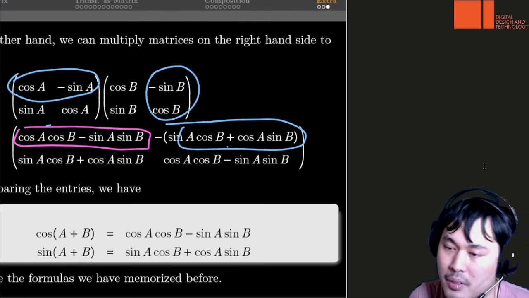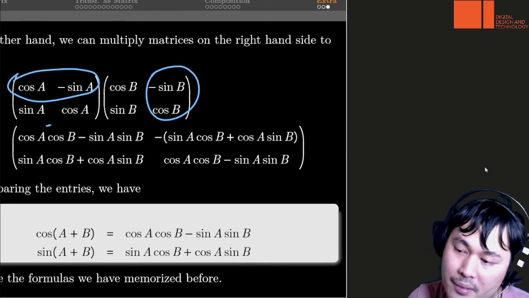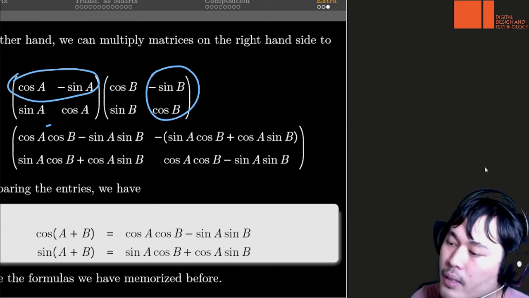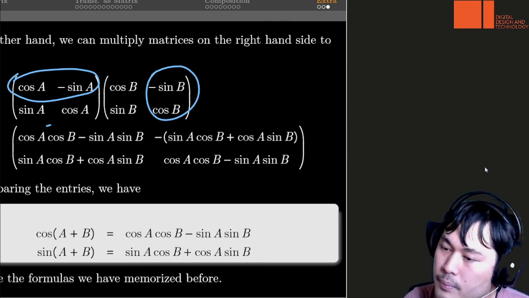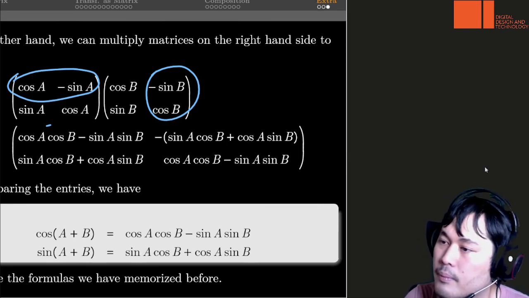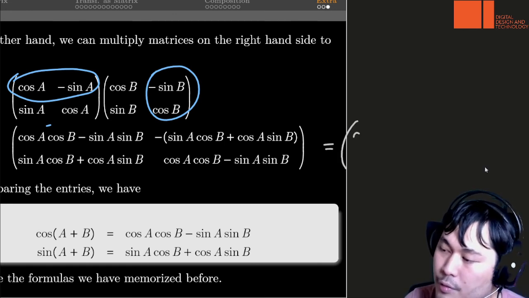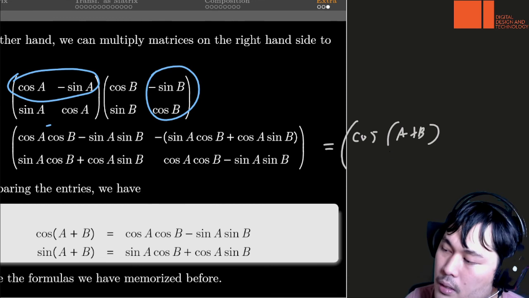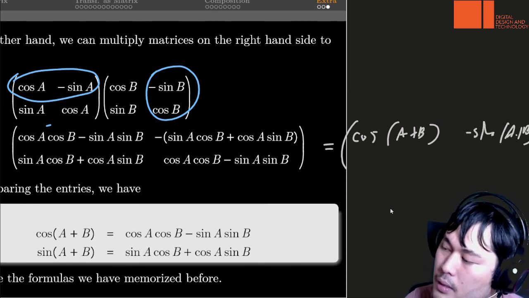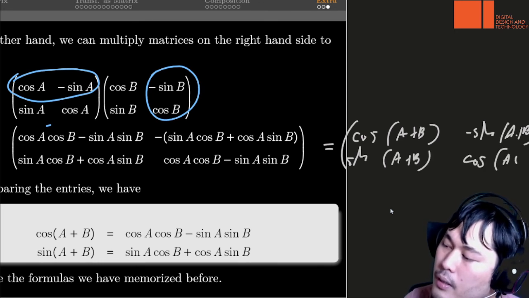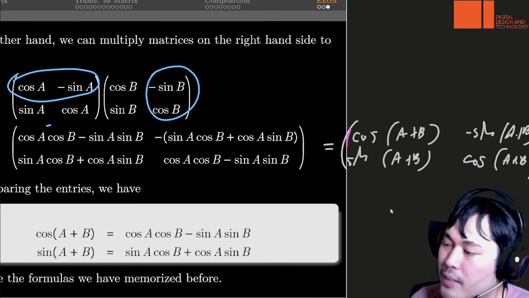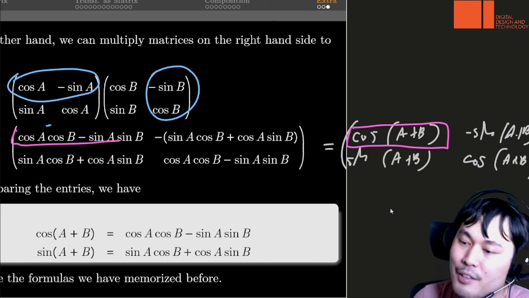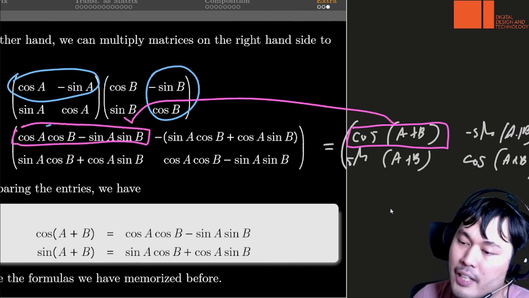In other words, maybe I should write it here: the result of the multiplication should be the same as what we have on the left hand side, which is cosine of a plus b, minus sine of a plus b, sine of a plus b, and then cosine of a plus b. So we can compare these two matrices entry by entry and see what we get. Now we get the formula for the cosine of the angle sum.